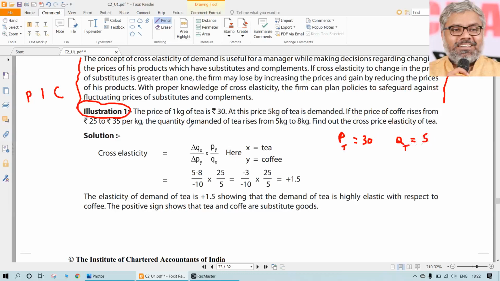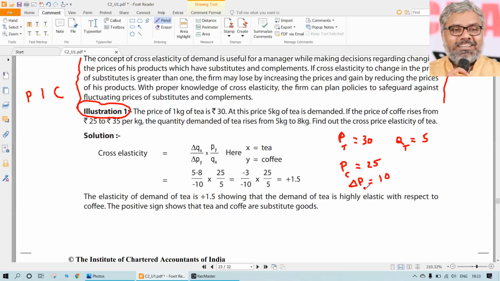If the price of coffee rises from 25 to 35. So now we are talking about the price of coffee. Price of coffee originally how much? 25 rupees. Now it rises from 25 to 35, which means delta P is 10.